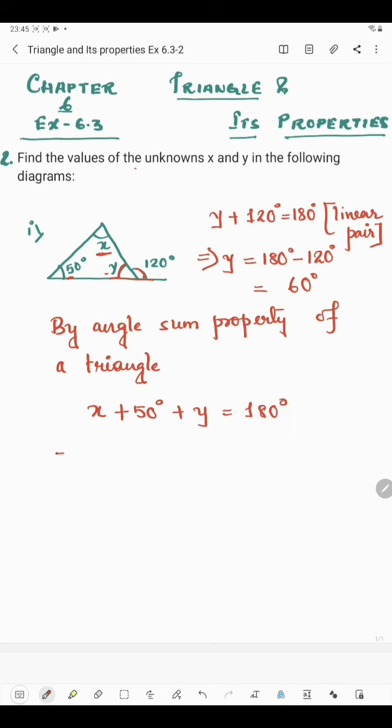Now x we don't know, so it will remain the same. Then we have 50 degree. Now y we have got already, 60 degree. So in place of y we will write 60 degree is equal to 180 degree.